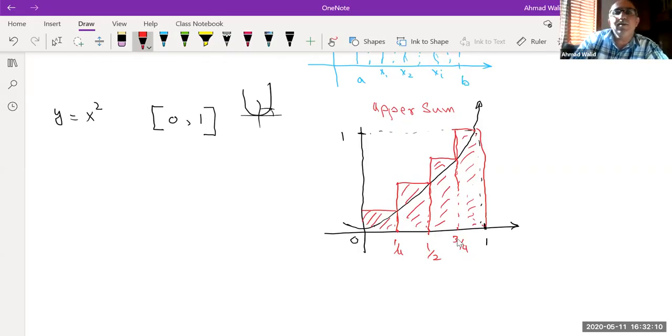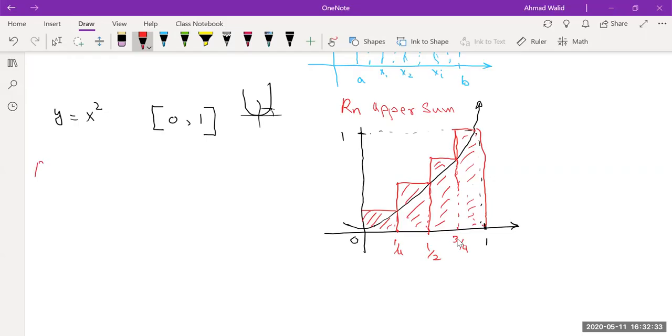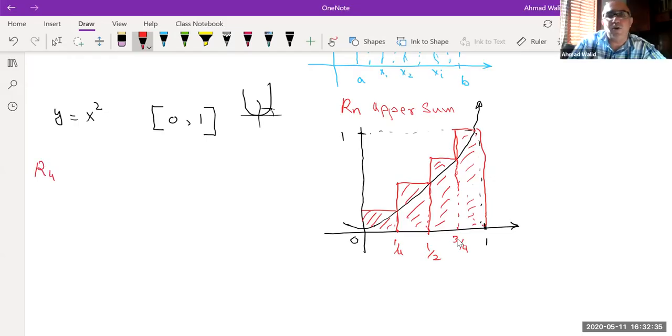Okay, let's calculate. Let's name it the right upper sum. Usually in your book, they call it Rn, because you are calculating the area from the right. N is the number of these rectangles. How many of them do I have? 4, right? Let's calculate the area of R4.